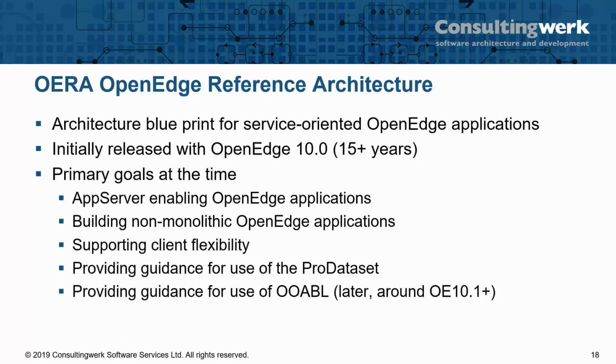It should provide support for going to the AppServer, building non-monolithic or not so monolithic ABL applications. It should support client flexibility, providing guidance for using ProDataSets and other language features like object orientation. So a lot of that is still valid today.